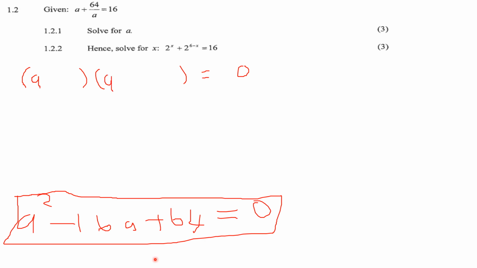But now you have to check the last term. The sign of the last term here is positive, so what will be the factors of 64 that when we add them give us the middle term, which is 16? Basically, when you use your calculator, 8 times 8 gives us 64, and 8 plus 8 gives us how much? 16.